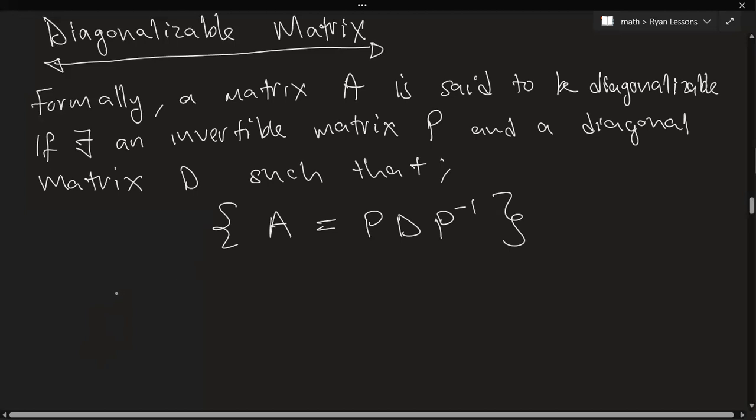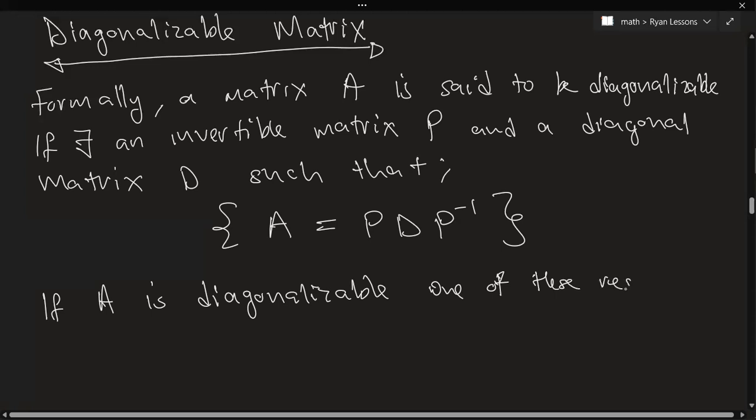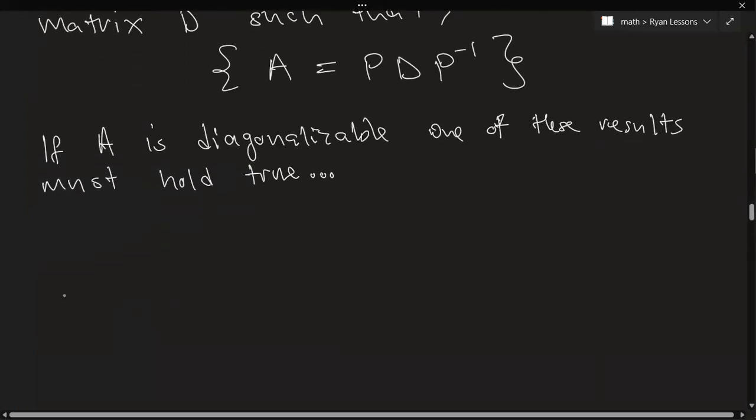One way is by making use of one of these results. If A is diagonalizable, then one of these results must hold true.